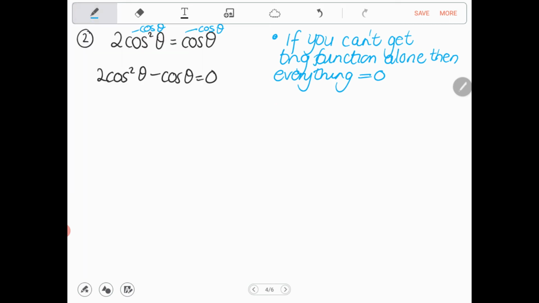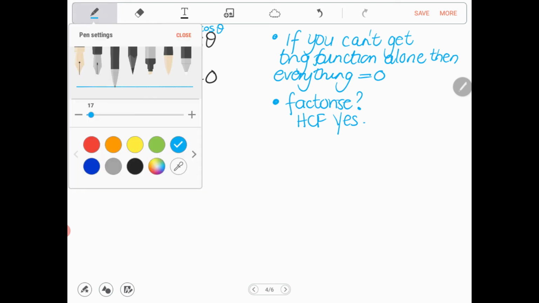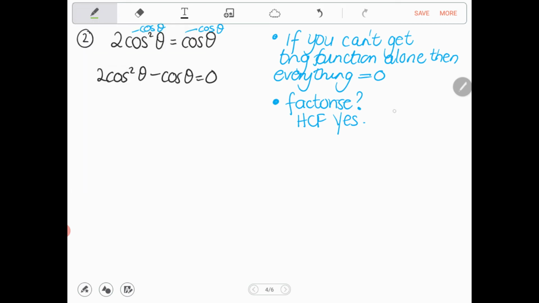All right, once you have everything equal to 0, we ask ourselves, can I factorize? And here, there is a highest common factor. Again, you can, if you want to, make your cos into a k, take out your k as a common factor, and then replace your cos again.